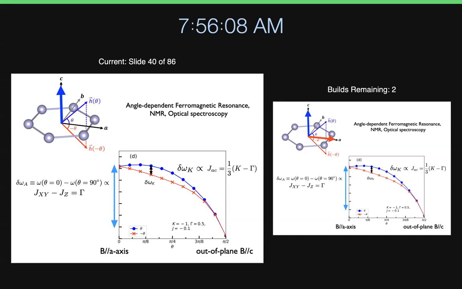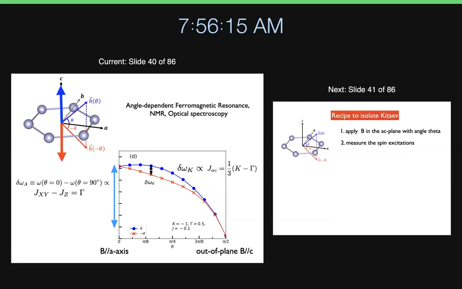Then what we do is come with the field and rotate into the minus C-axis. So I'm starting from the A-axis and rotating backwards, and that will be the red color here. This resonance is going to have a different angle dependence. And this separation between the red and the blue is going to detect the size of JAC, which is K minus gamma.